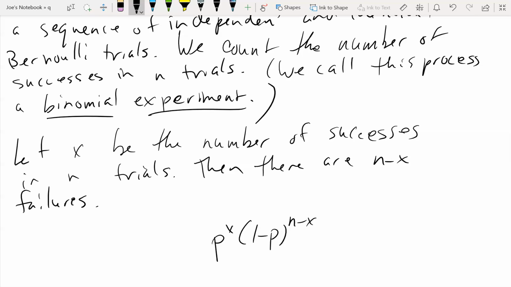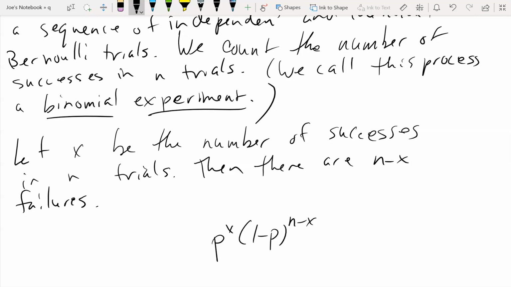So for example, if I flipped the coin 5 times and was looking at the number of heads, say I want to know the probability that I got 3 heads. Well, it could be 1, 2, 3 that I got the head, right? Or it could be 2, 4, 5. Or 1, 3, 5. There's different possibilities, correct?